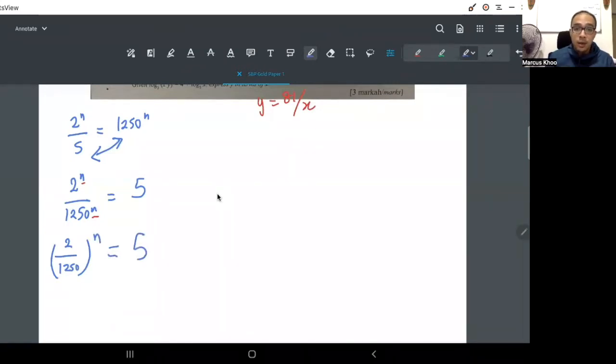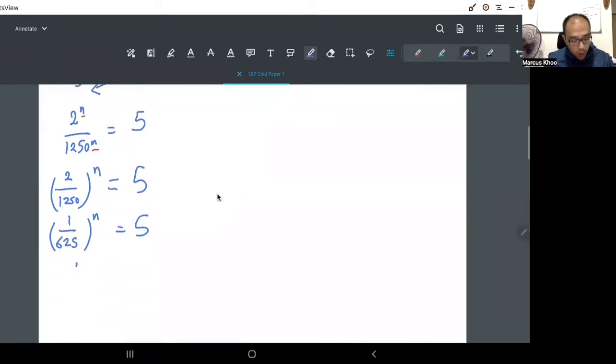And 2 over 1250 is actually 1 over 625 to the power of n. Now, if you know that 5 and 625 are related, which is actually 625 is 5 to the power of 4, then 1 over 5 to the power of 4n equals 5.